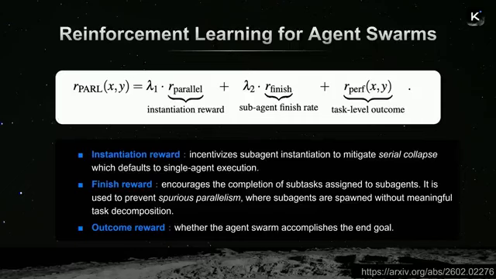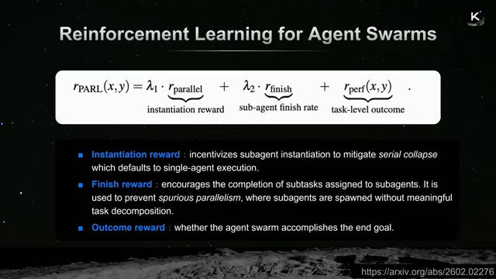And technically, we define some new objective functions to guide the learning process of our agent swarm system. There are 3 reward objectives considered here, compared to conventional single agent RL learning. The first term is what we call the instantiation reward.